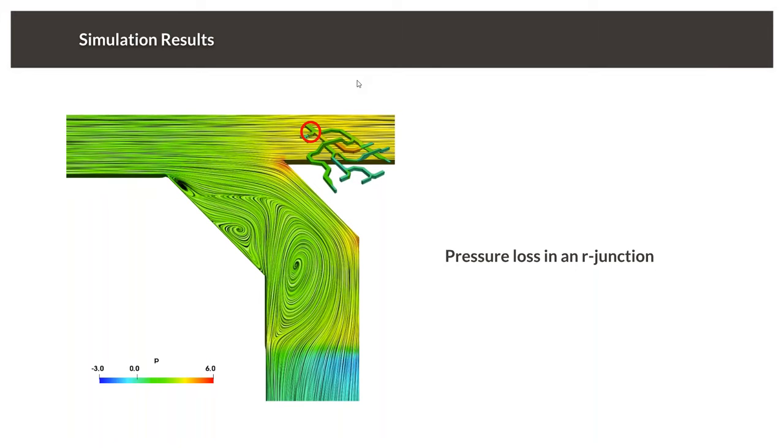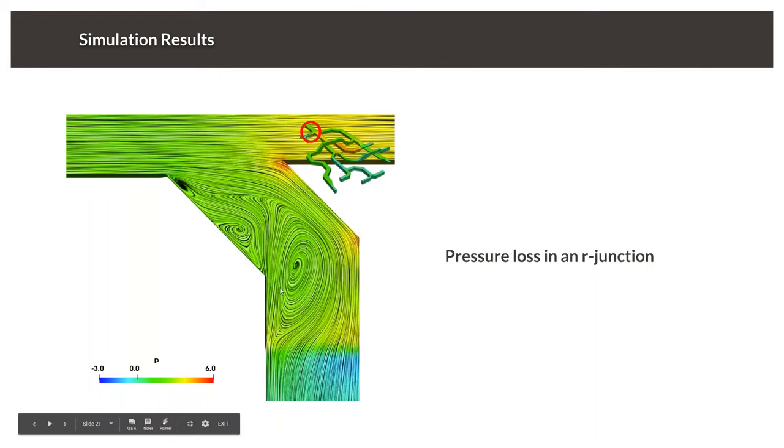And in this R junction we have a very similar phenomenon. For example, again, it's a flow separation. And yeah, we can visualize not only the pressure, but also velocity and other variables that help us to understand why the separation is happening.